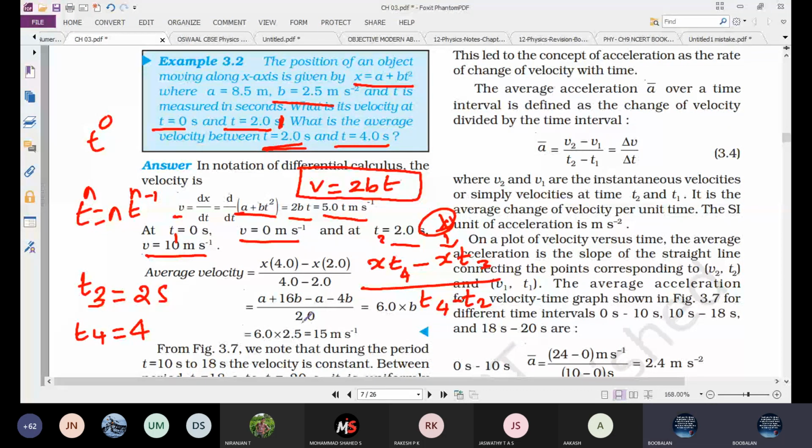Kindly simplify the values. This step alone, again I will write.